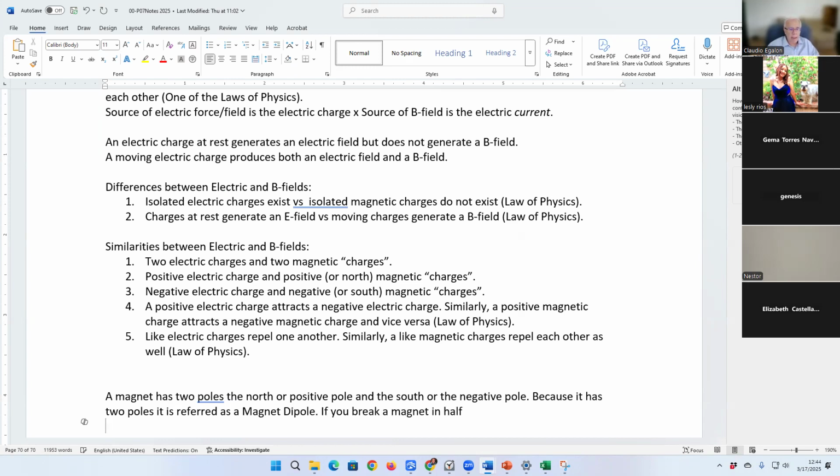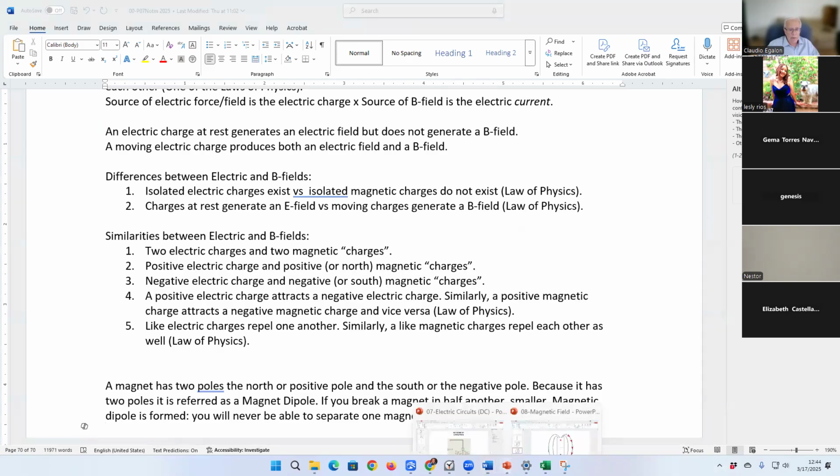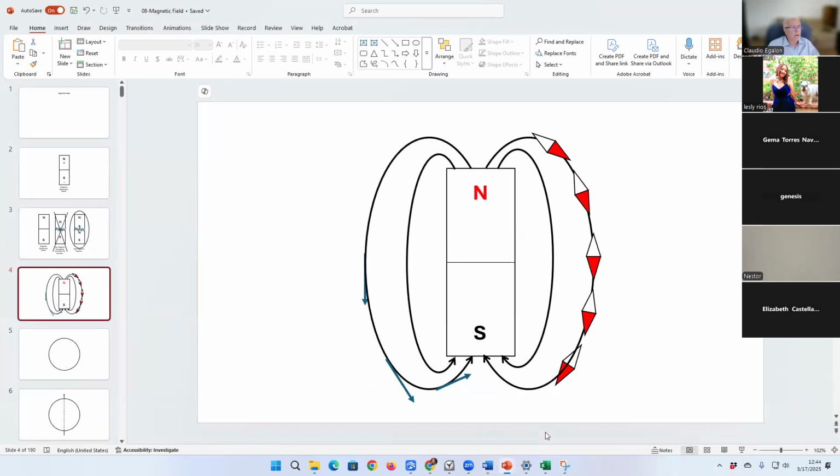If you break a magnet in half, another smaller magnetic dipole is formed. You will never be able to separate one pole from the other. Okay? That's what is spelled out right here.